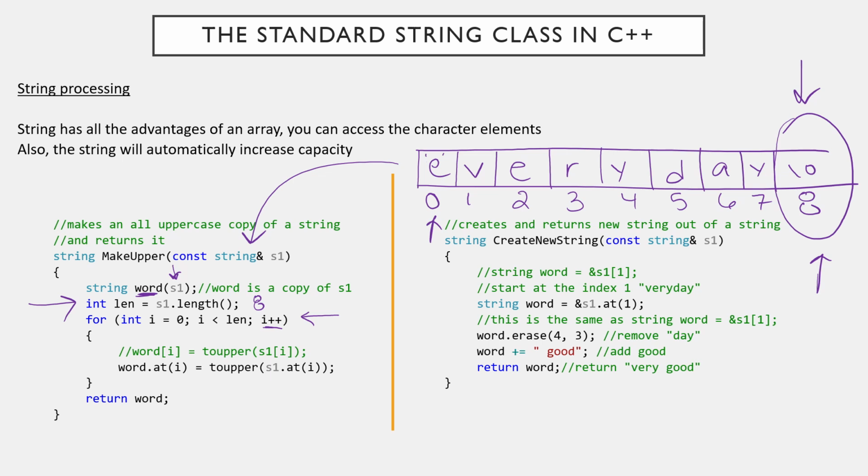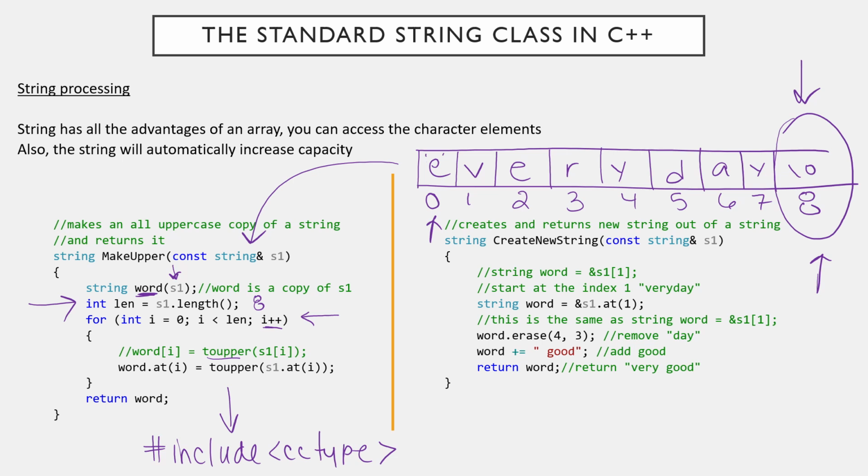So this is going to change it to uppercase. There's a function in cctype. The toUpper function requires pound include cctype, and that library will allow you to change things to uppercase and lowercase.